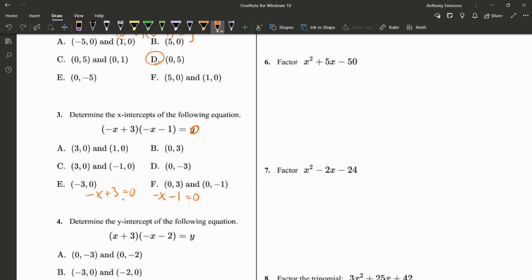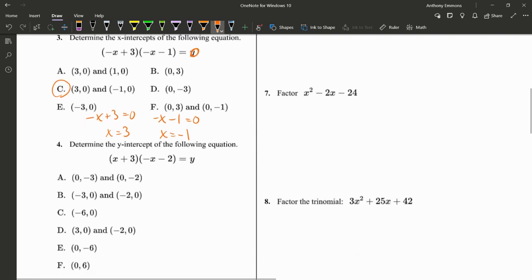All right, this one, subtracting 3, then dividing out the negative, or if the opposite of x is equal to -3, then x must equal a +3. And here, adding 1, and then dividing out the negative, x equals -1. So which one has both x equals 3 and x equals -1? I suppose that's letter C.